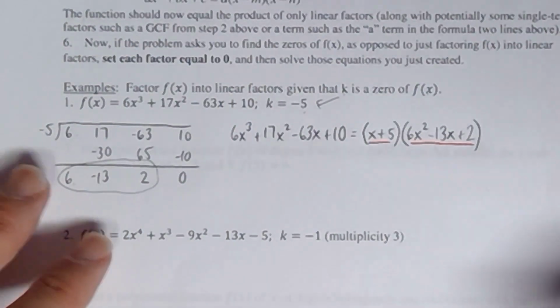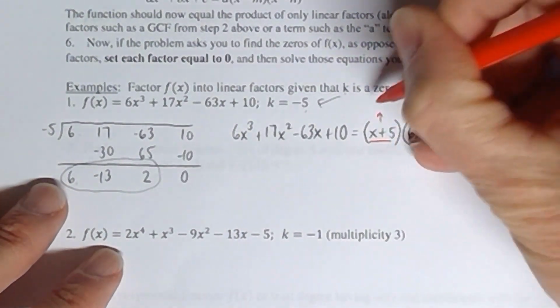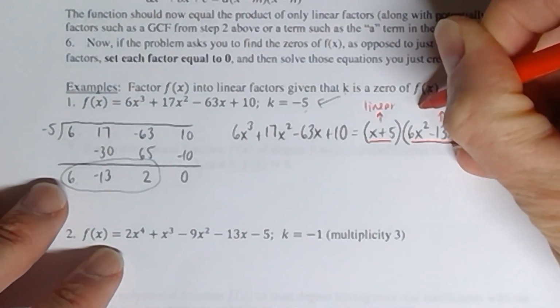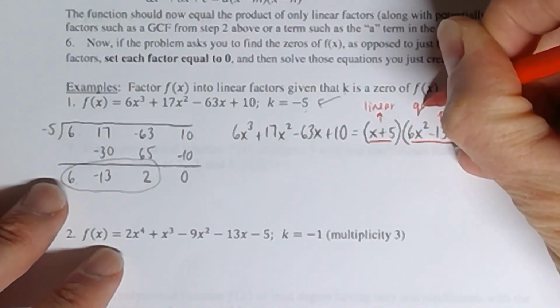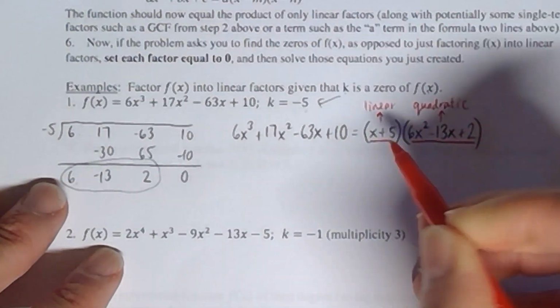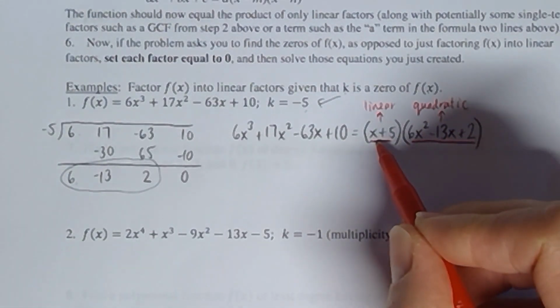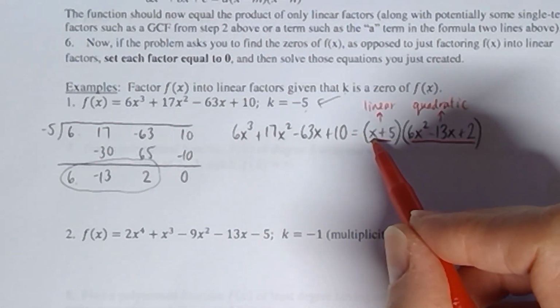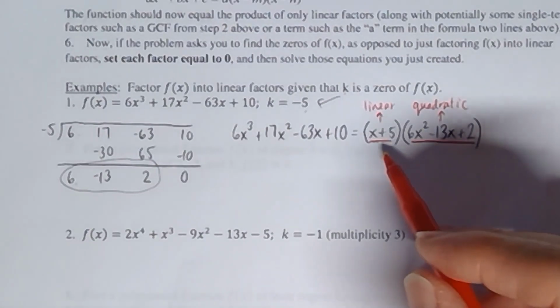But here's the problem. Yes, this one is a linear factor, but the other one is what we call a quadratic factor, and it's not linear because remember I said a linear factor is when you have a factor that is a degree 1 polynomial. In other words, it just has x in it, not x squared or x to the third.